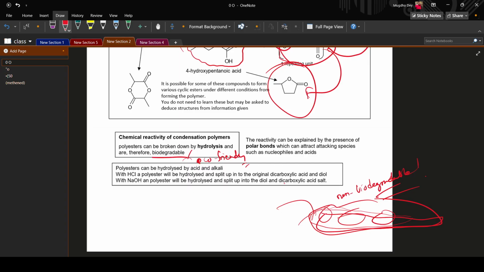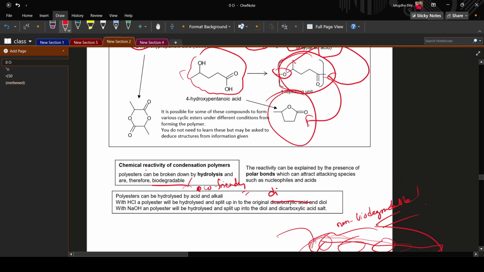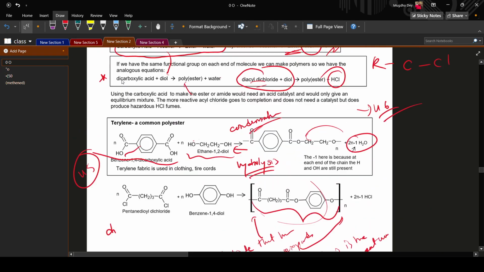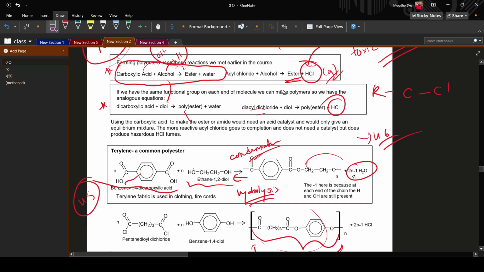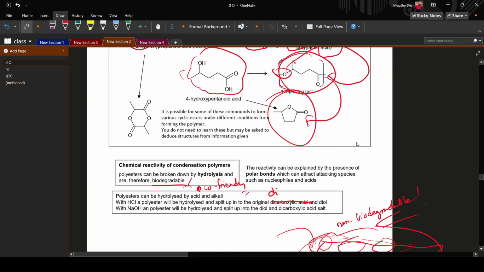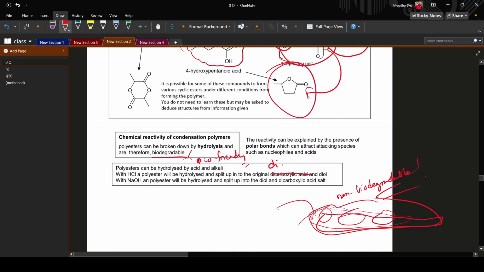Yeah, they made a mistake here. With HCl, we saw a little while back what will be produced. A diacyl dichloride will be produced. Did you understand why they made a mistake here, Ikra?